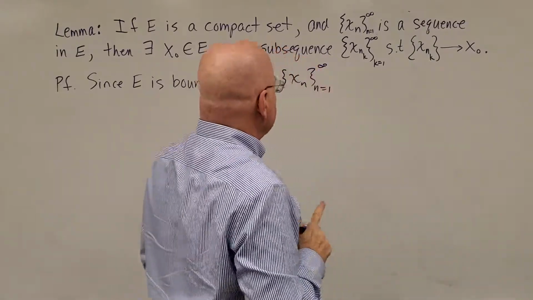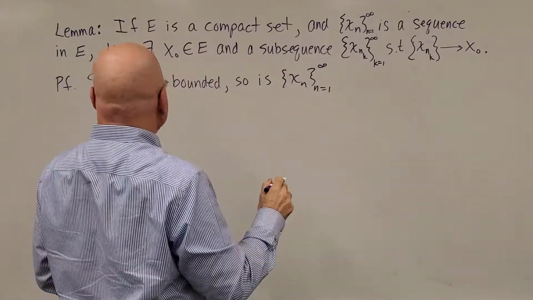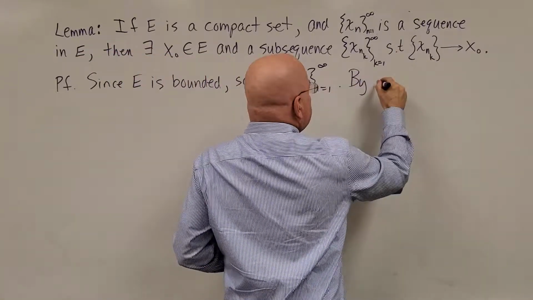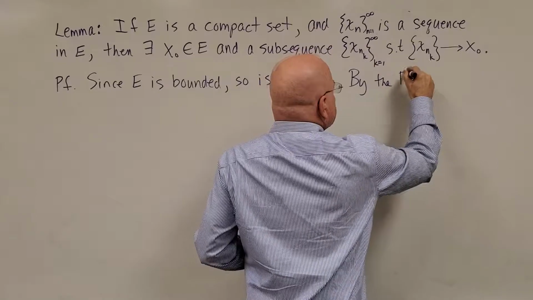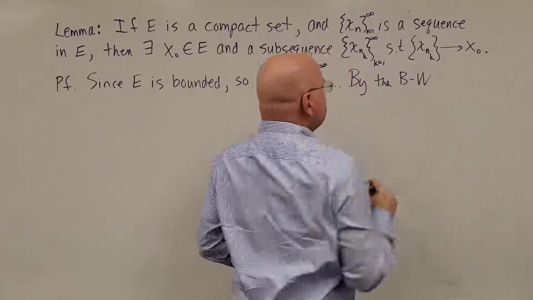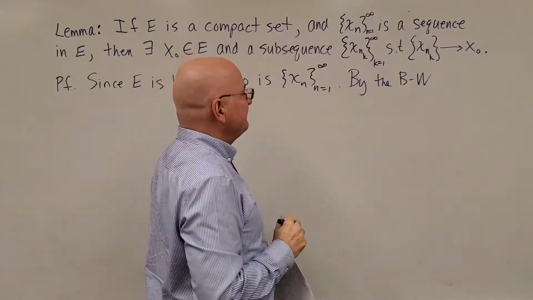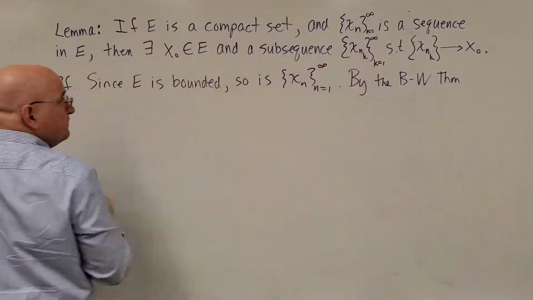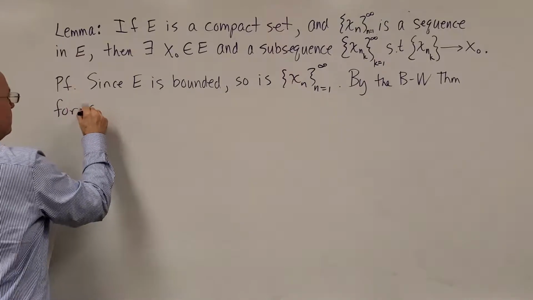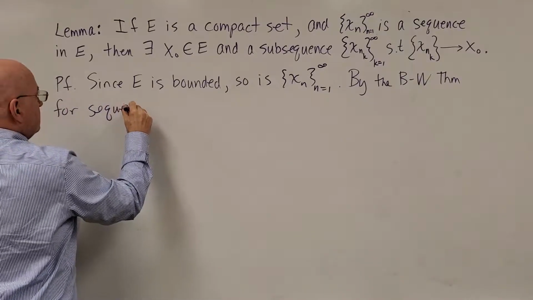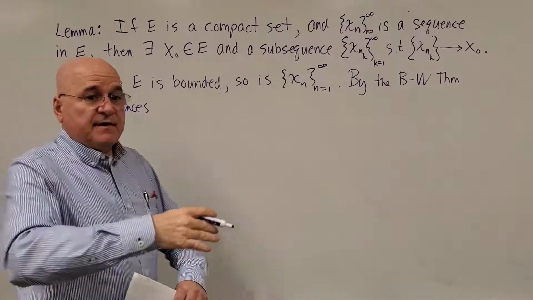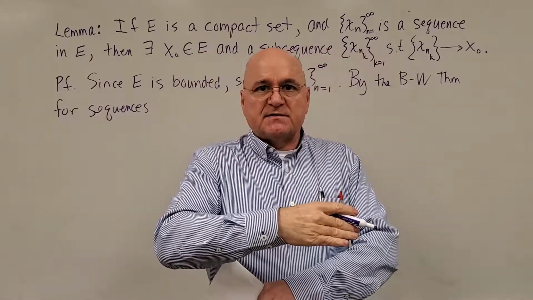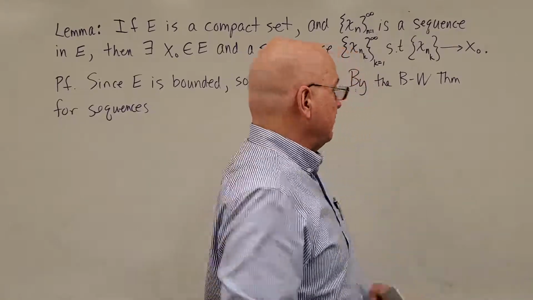But the Bolzano-Weierstrass theorem for sequences says this: by the Bolzano-Weierstrass, I'm just going to write BW, theorem for sequences, and we're talking about bounded sequences. That says that every bounded sequence has a convergent subsequence.